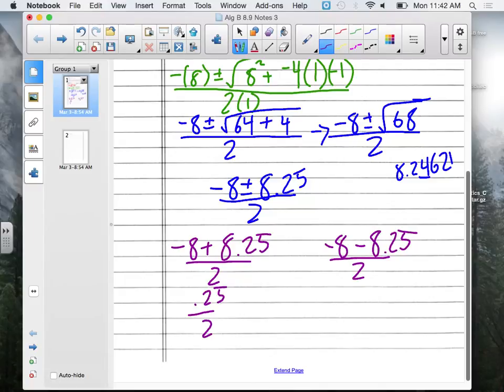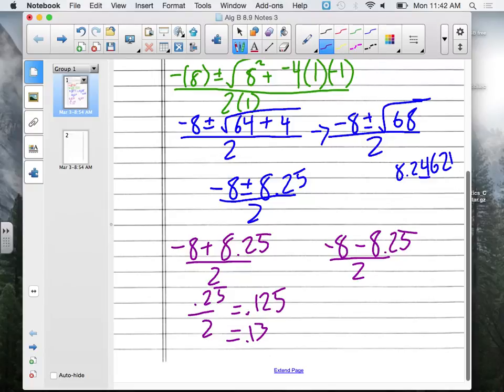You get 0.125. And if we round that to the hundredths place, what do we get? 0.13, exactly. Perfect. So that's one solution.